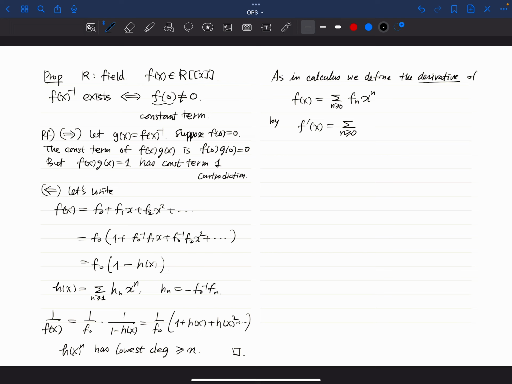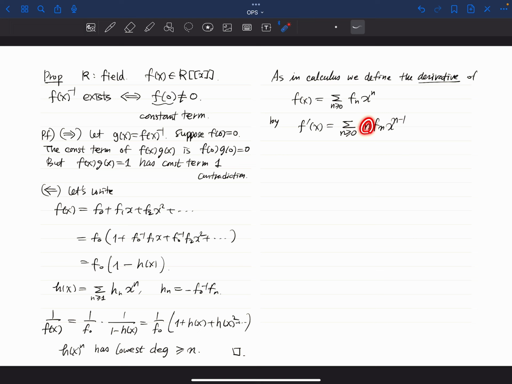So what is the derivative, term by term? What is the derivative of x to the n in calculus? It is n times x to the n minus 1. And that is the definition of the derivative of a formal power series.